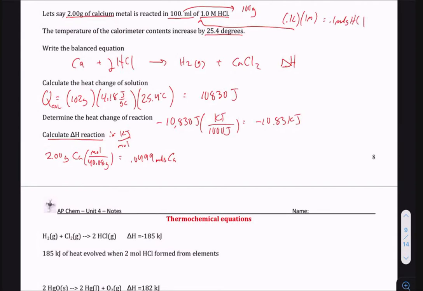All right, so 0.1 mole of HCl. We've got to pick a product to be our yield. We'll just pick, doesn't matter, calcium chloride. So our ratio is 1 calcium chloride for every 1 calcium.